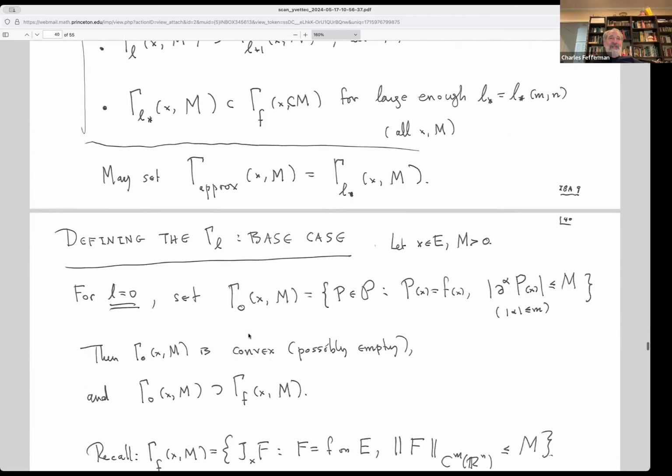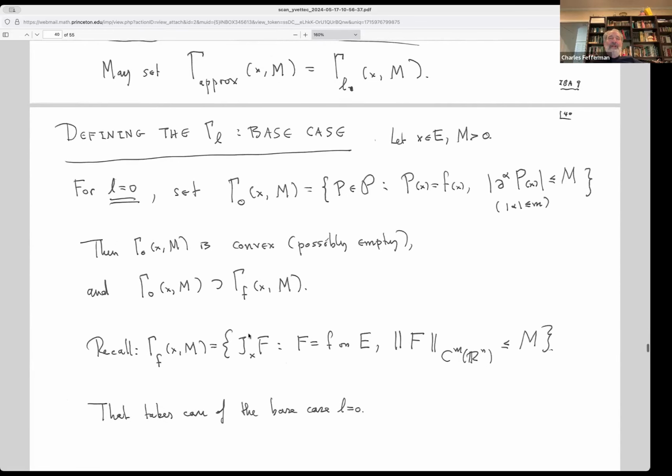Okay, so let's define the gamma L by induction on L. Let's start with the base case L equals 0. And so look at the slide. Gamma 0 of xM is simply the set of all polynomials with the property that their value at the given x is equal to the value of the data, little f, at x.